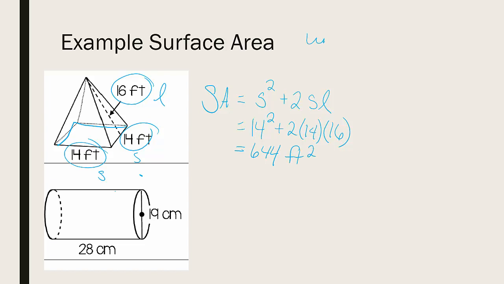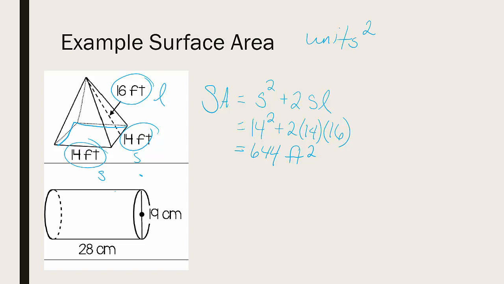So this is in units squared, because area is square feet, or square inches or square centimeters. It's the length times the width. So that's why we have feet squared.